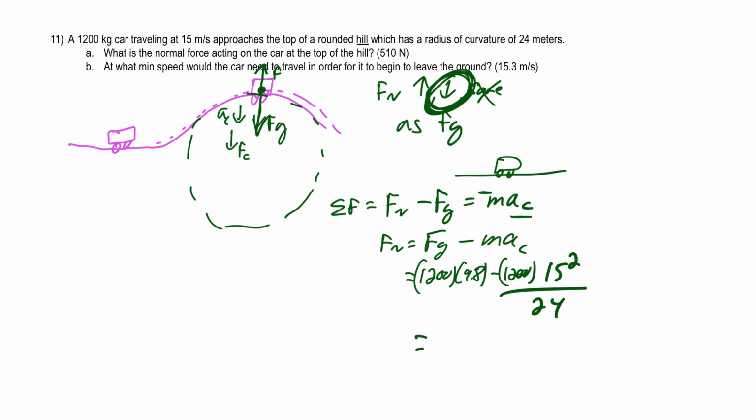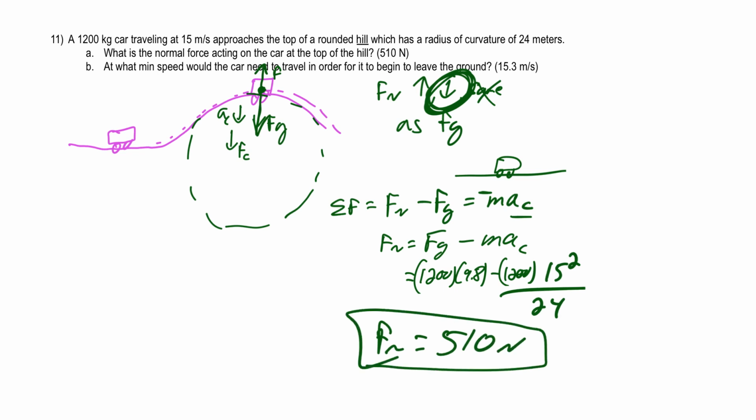All right, so we're getting, I'm going to assume this is right, 510 newtons. If not, write me a comment and we'll fix it. So 510 newtons is what the normal force is. Again, compared to gravity, 1200 times 9.8, the force of gravity, which I'm just going to round, is about 12,000 newtons. Wow, it's much less.